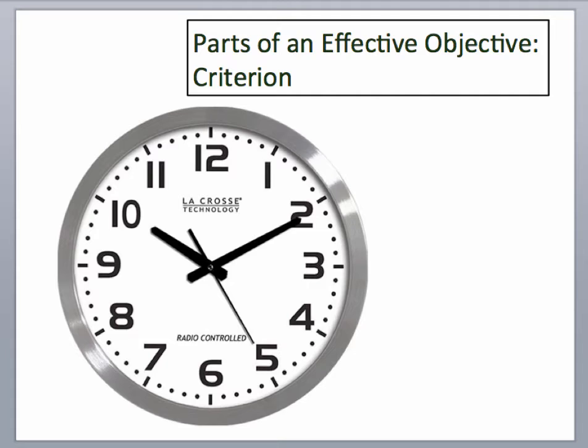In addition, it provides a standard against which to test the success of the instruction and gives you a way of evaluating whether or not the learners can do what you set out to teach them. The criteria you specify should be what you consider to be the desired or appropriate level of performance, not necessarily a minimum.